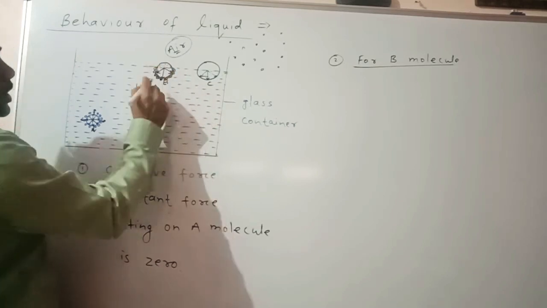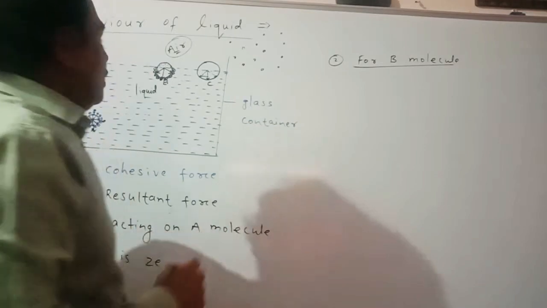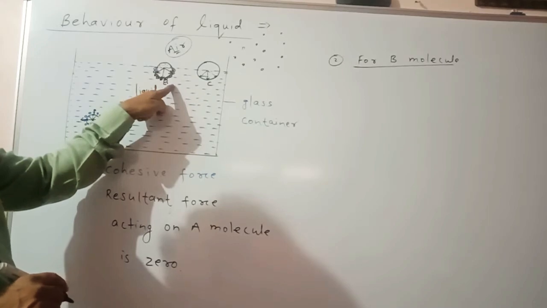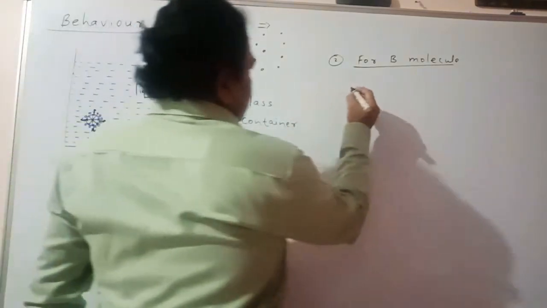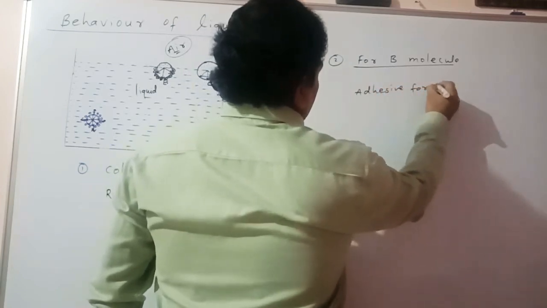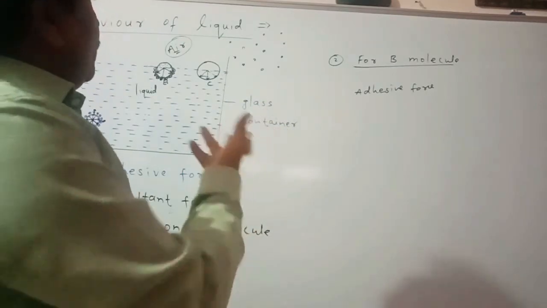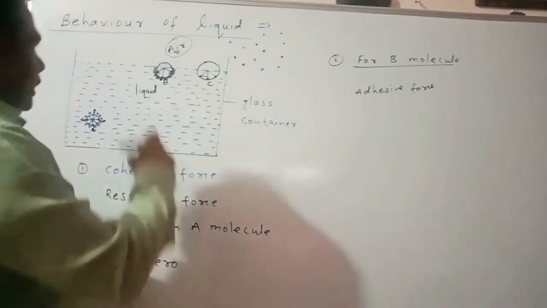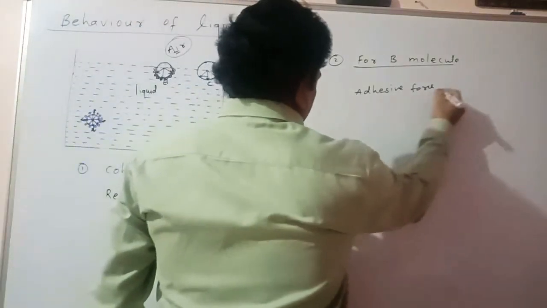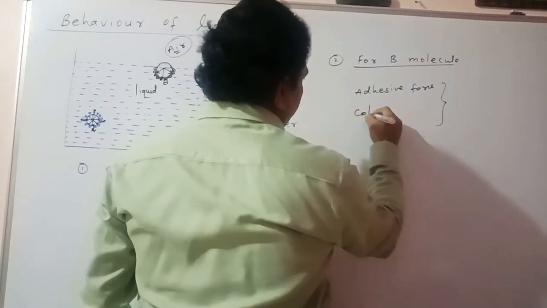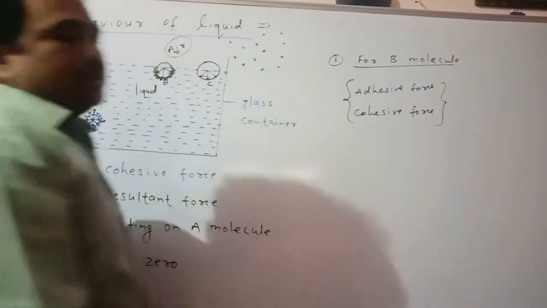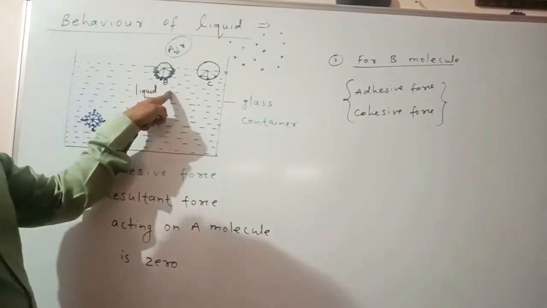So in this case, two types of force are there. One is between molecule B, which is a water molecule, and the air molecules, that is adhesive force, the force of attraction between two molecules of different substances, water molecule and air molecule. And another force is cohesive force.